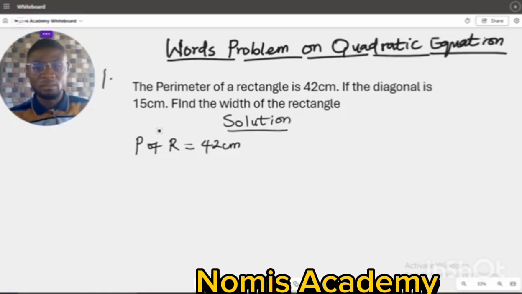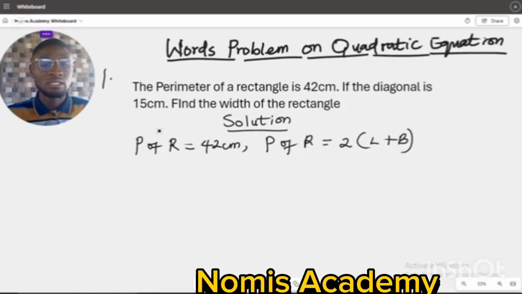So having known that the perimeter of the rectangle is 42 centimeters, let me tell you to recall that the perimeter of a rectangle is given by the formula: perimeter equals 2 open bracket length plus breadth. So if the product of 2 into a bracket of length plus breadth is giving me 42, then I should be able to equate that 2(length plus breadth) is equal to 42 centimeters.